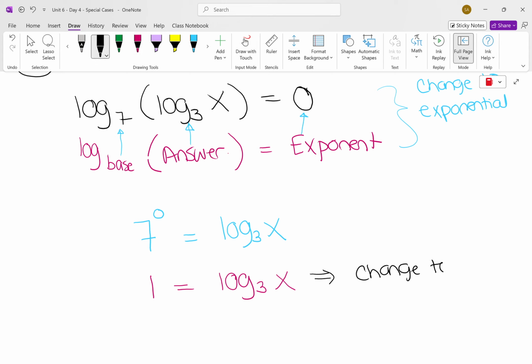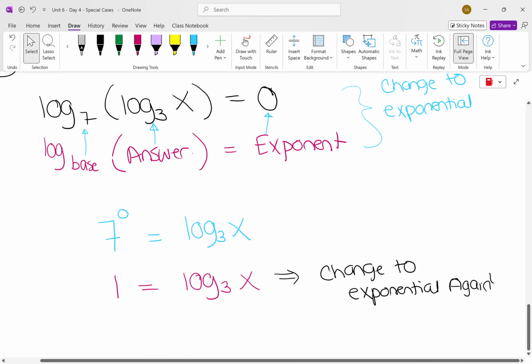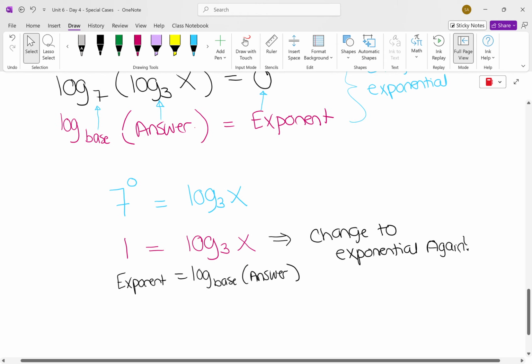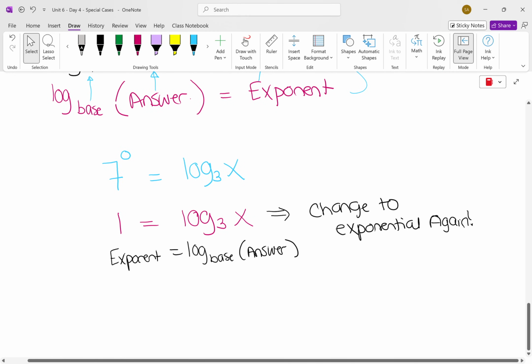So I'm going to change into exponential again. Remember, it's log base, answer equals exponent.